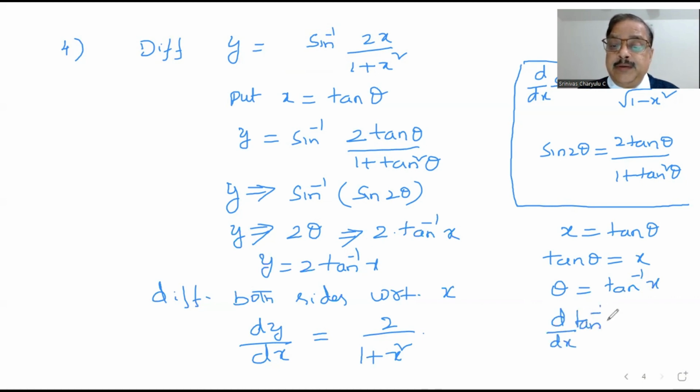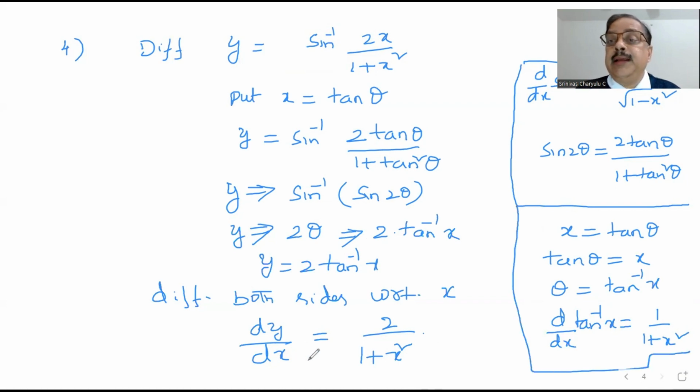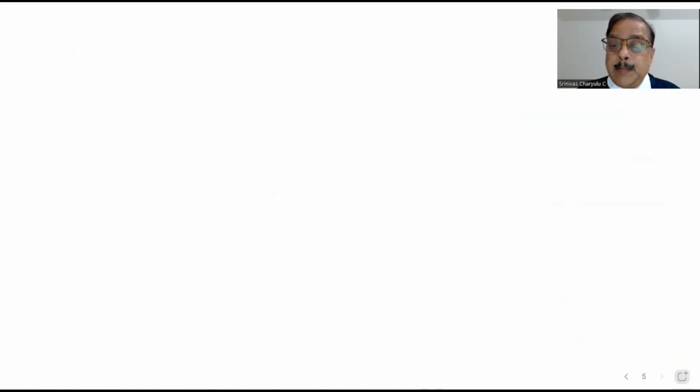Previously we have done this just a few minutes back. So we have to call back those formulae and substitute here, no need to do it again. Directly dy by dx is equal to 2 by 1 plus x square. Understood? So here we have taken substitution. Then we are going to continue to do the sum.